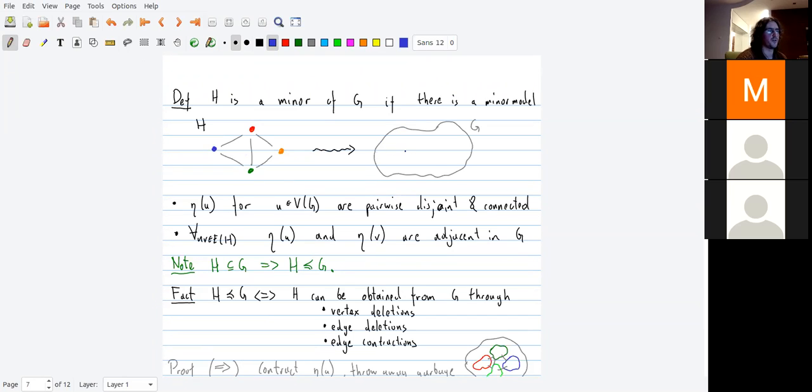Every vertex of H must be mapped to a connected subgraph in G. These subgraphs should be disjoint, and there should be preservation of edges in the following sense: whenever I have an edge here, there should be an edge between the corresponding subgraphs. And these subgraphs should be connected.